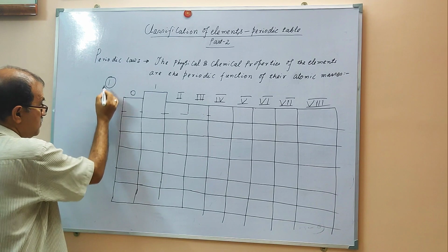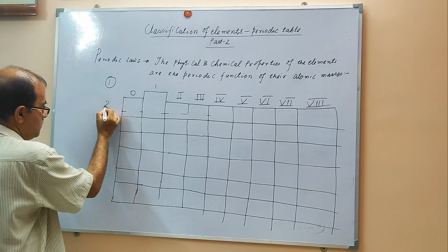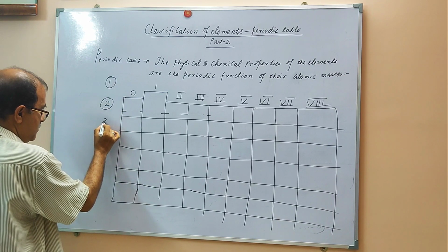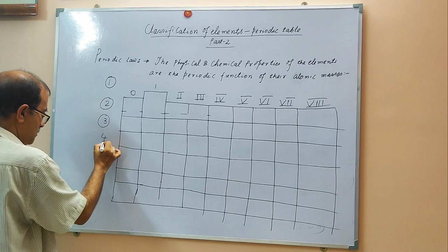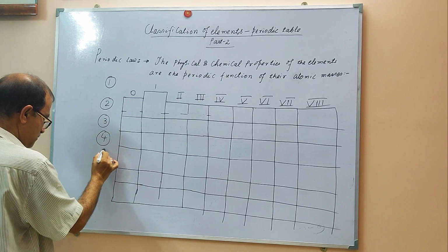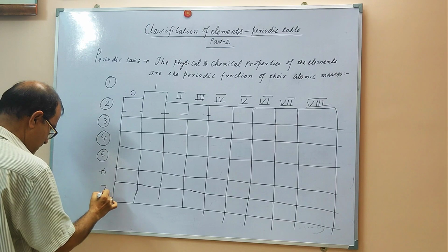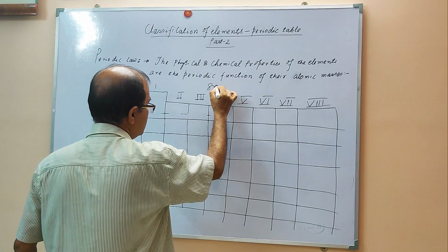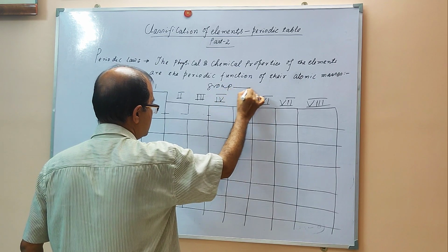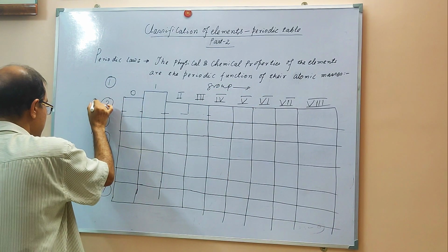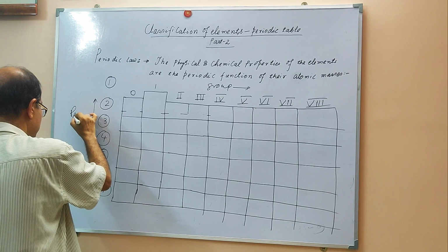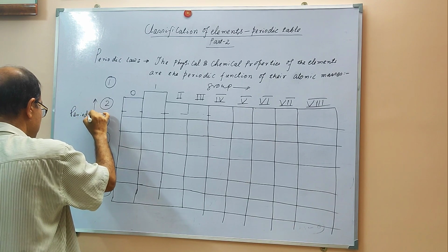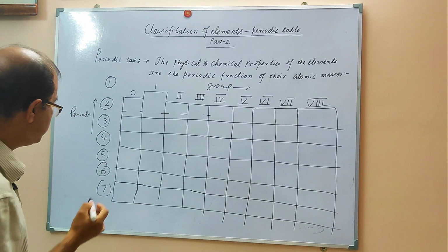The rows are the first series, or period, second, third, fourth, fifth, sixth, and seventh. These are all our groups, and these are the periods.